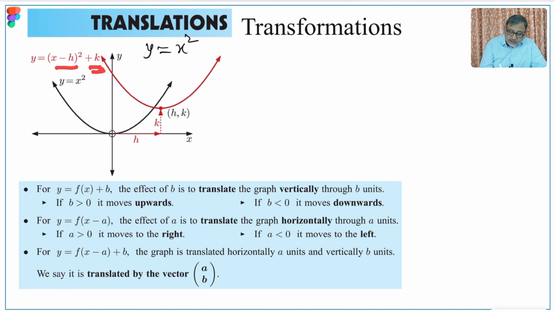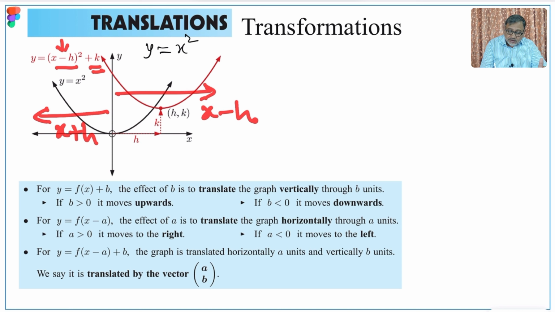So what are the changes here? You are subtracting h from x, so therefore it will get shifted to the right side. When you subtract from x, it will shift to the right. When you add to x, it will shift to the left. Remember this: x plus h will be to the left, x minus h will be to the right.